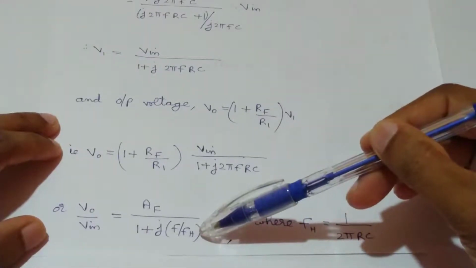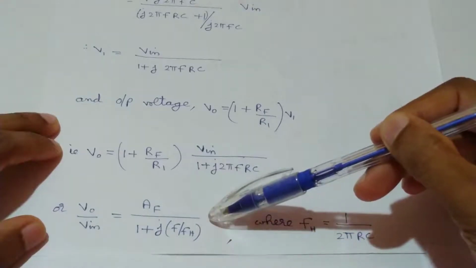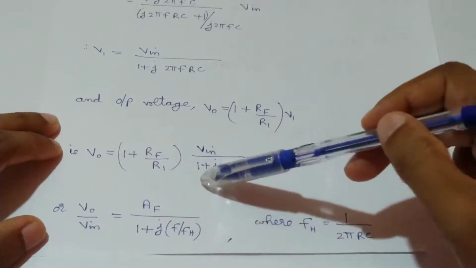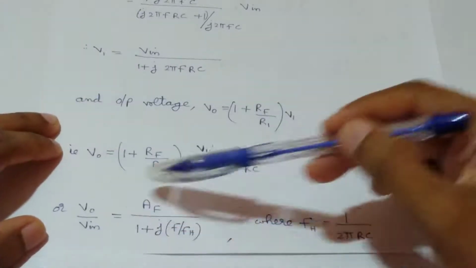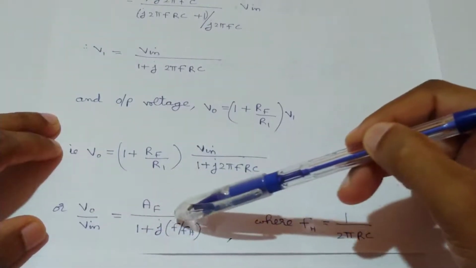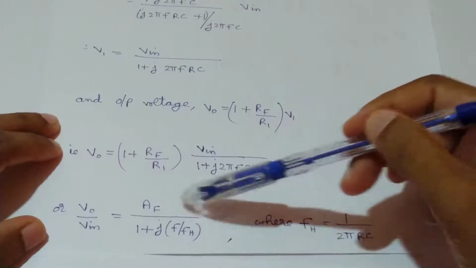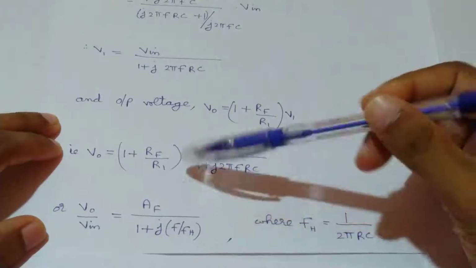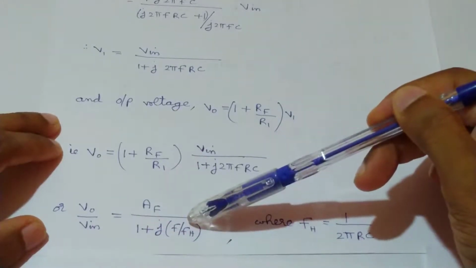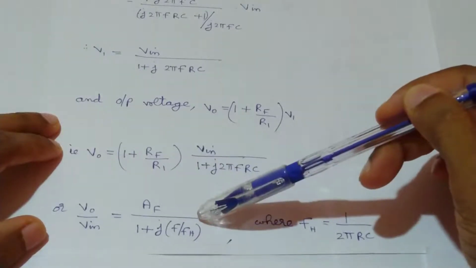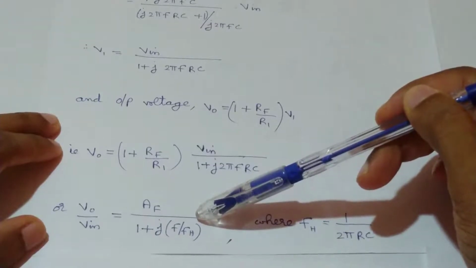Then from this equation we can calculate the gain magnitude and phase angle equations of the low pass filter. What is the magnitude of Vout by Vin? Here we can see Vout by Vin is AF divided by 1 plus j f by fh. Hence its magnitude will be AF divided by the square root of 1 plus (f by fh) all squared.